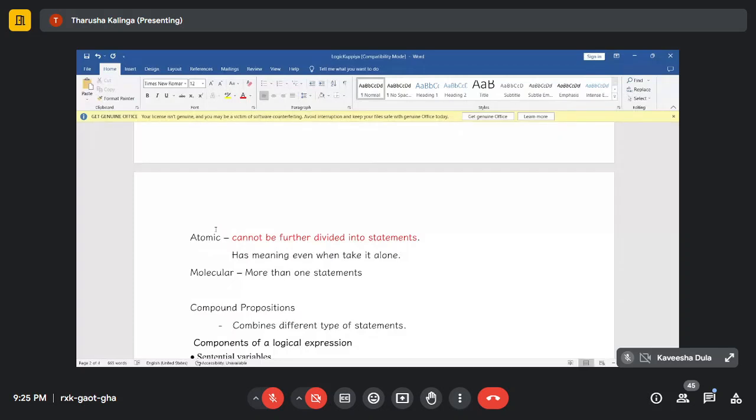So there is more than one statement, and these we refer to as molecular. For example, we can say mother and father went to the party. So both people have gone, right? Mother went to the party and father went to the party.